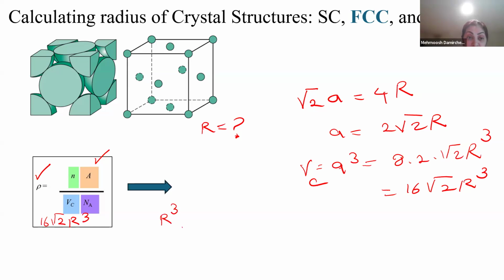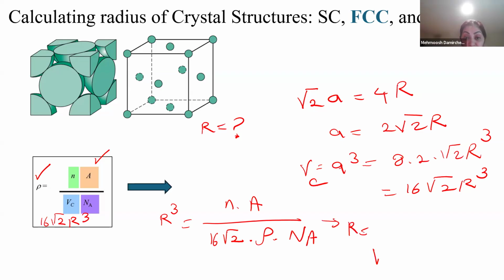So R cube should be N times A divided by 16 root 2 rho and the Avogadro number. What about R? It is the third root of this fraction.